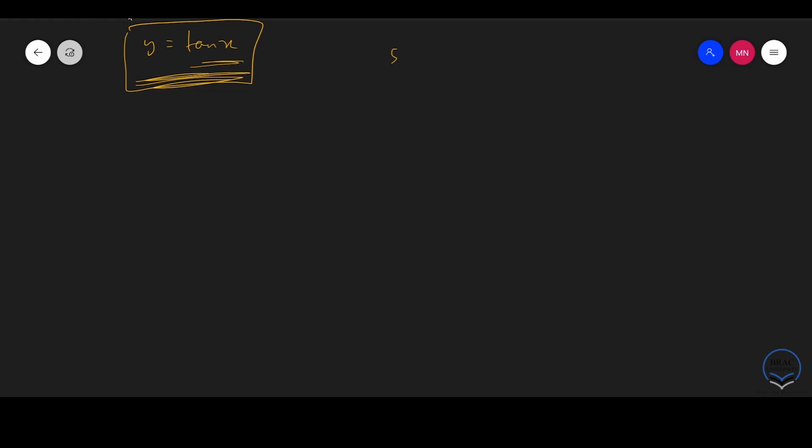We know that sine of x is equal to the sine of x plus 2 pi, because the period of sine of x is 2 pi. And the cosine of x is equal to the cosine of x plus 2 pi, so the period of the cosine function is also 2 pi. Since both of these functions have a period of 2 pi, the tangent may also have a period of 2 pi.